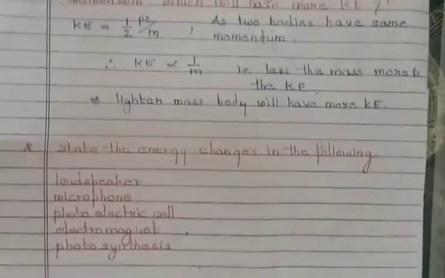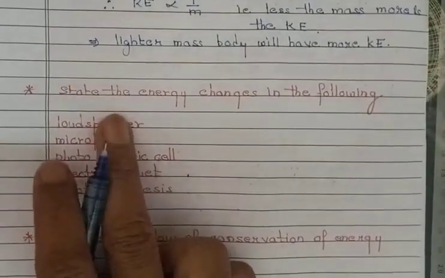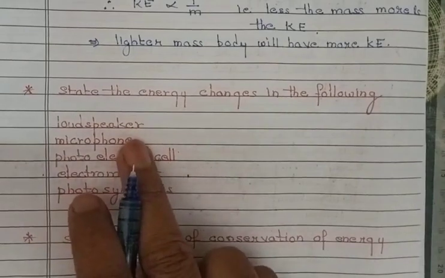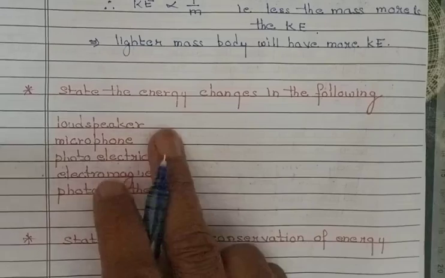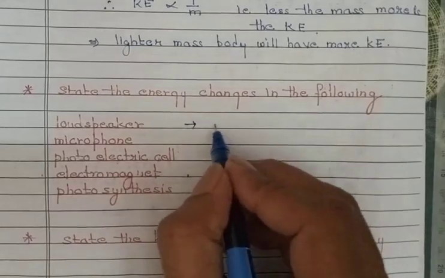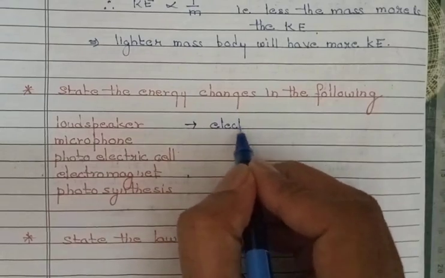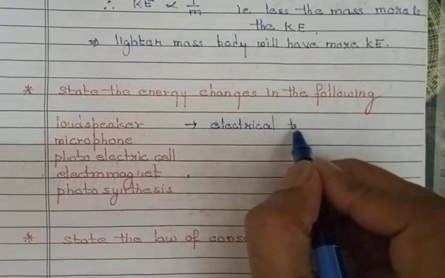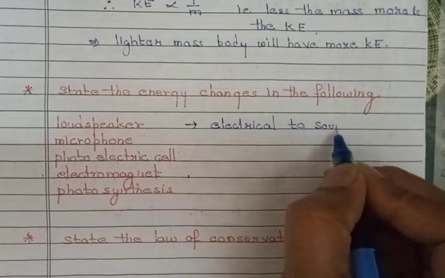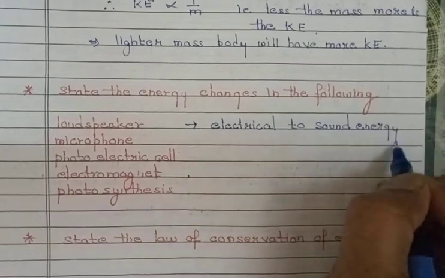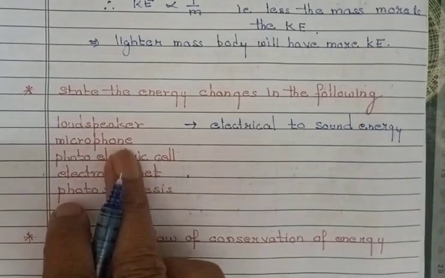Okay, now moving on to the next question. Here we have to state the energy changes in the following. The first one that they have given us is loudspeaker. In loudspeaker, electrical energy to sound energy. Then we have microphone.